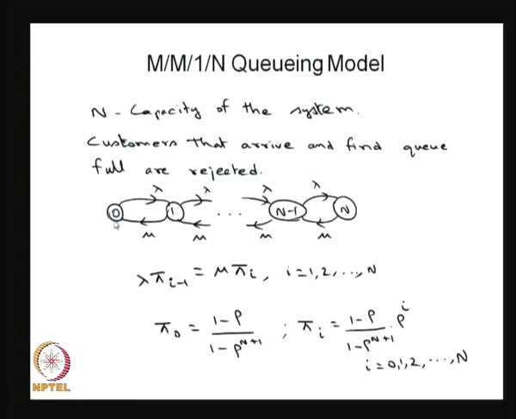The number of customers in the system at any time t is a random variable, and you will have a stochastic process. Since the inter-arrival time is exponentially distributed, service is exponentially distributed, with only one server and finite capacity, the underlying stochastic process is a birth-death process with birth rates lambda and death rates mu.